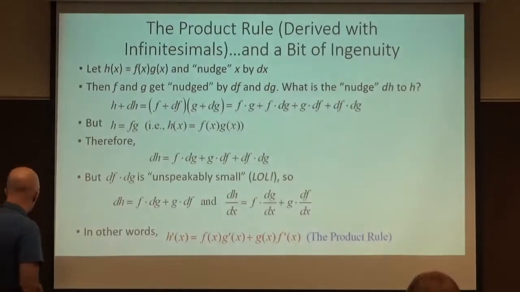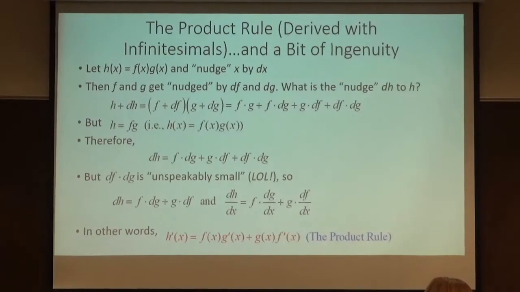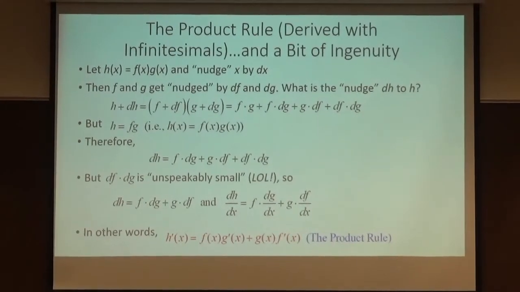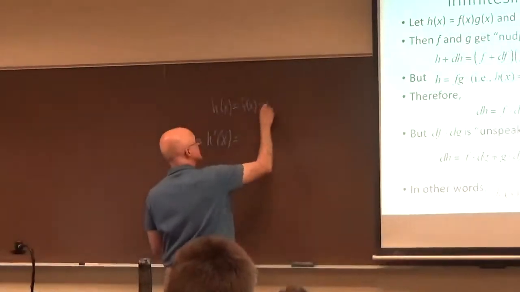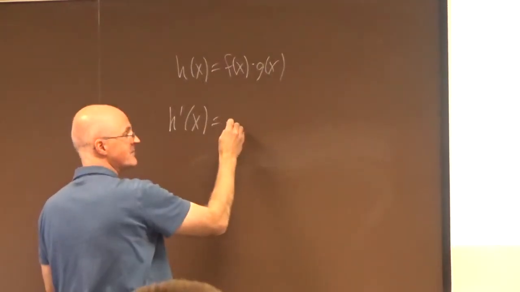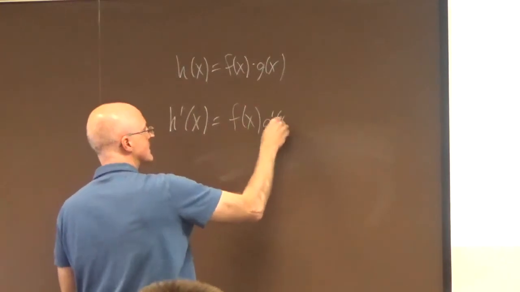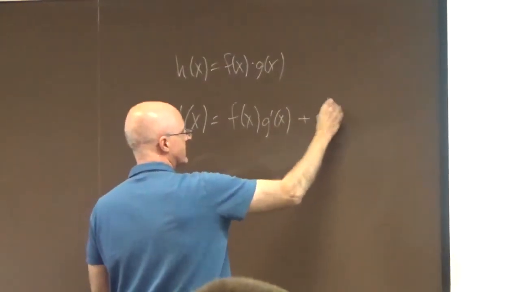Anyway, here is the product rule. That is worth writing down. h prime of x, when h of x is the product of two functions, f of x times g of x, then h prime, the derivative of that product, is the first function times the derivative of the second function, plus the second function times the derivative of the first function.